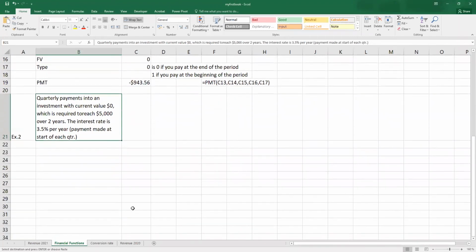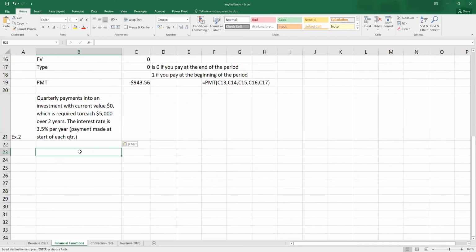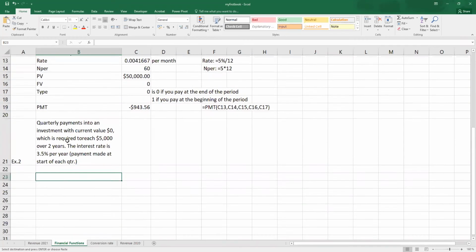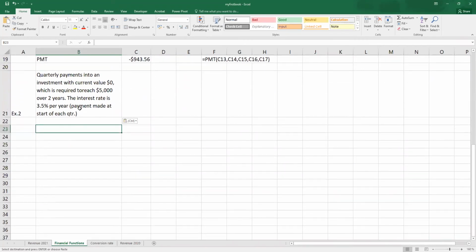This is the quarterly payments problem. I want you to warm up with this example and find out the quarterly payments. I give you 3 minutes to find the quarterly payments in this example. Just do it by yourself, everyone.